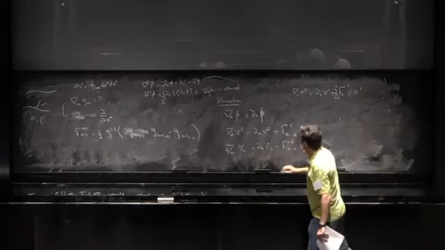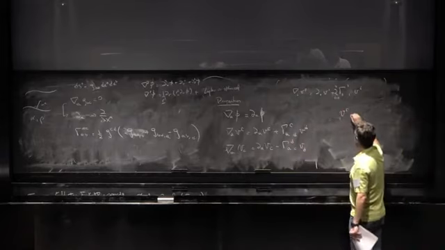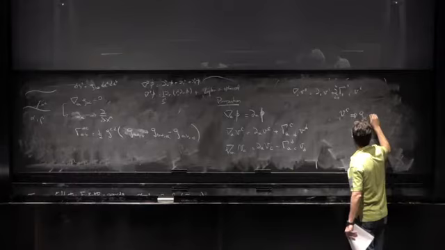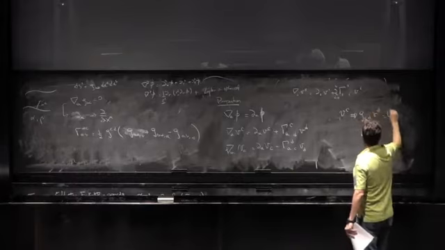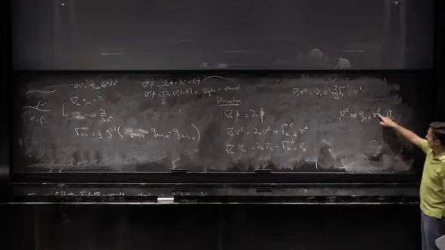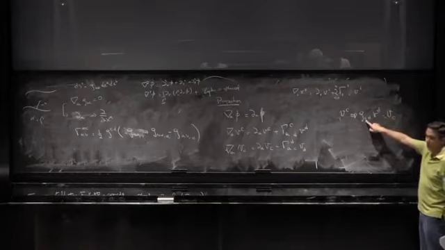Given a vector V, the covector is defined this way. We lower the vector index with the metric this way.